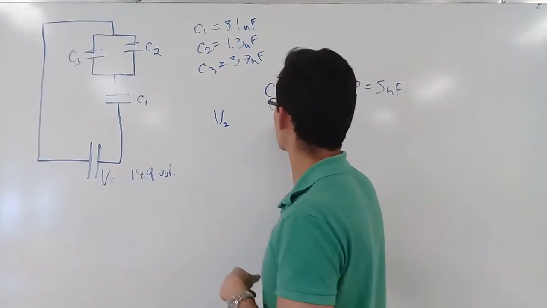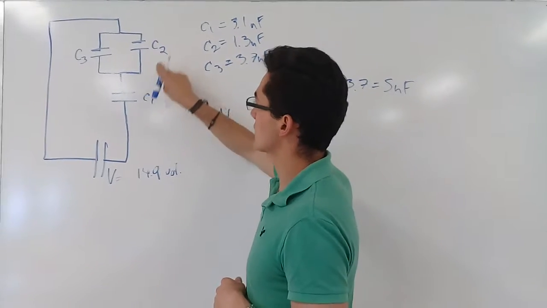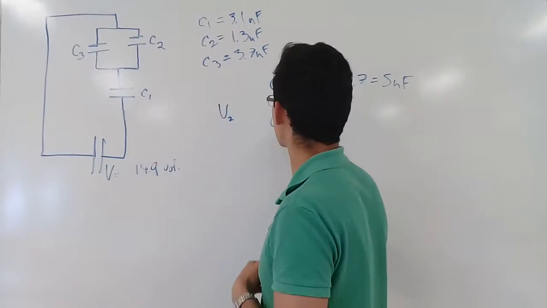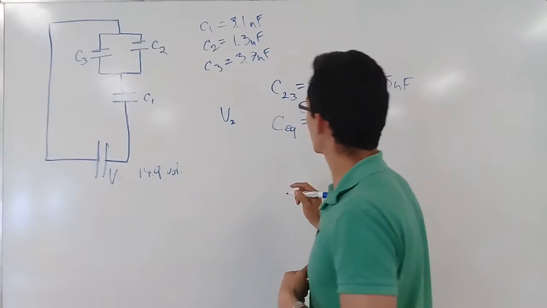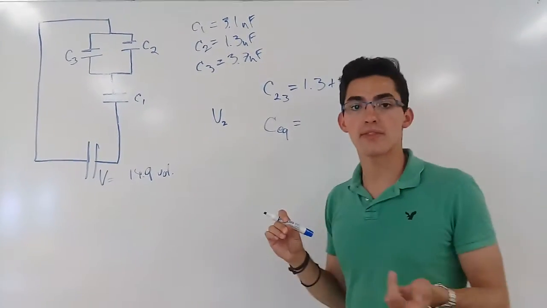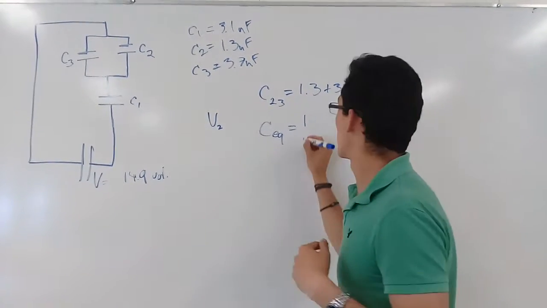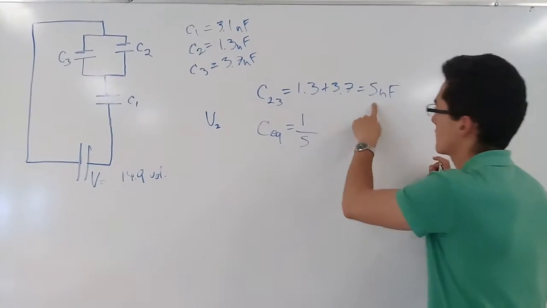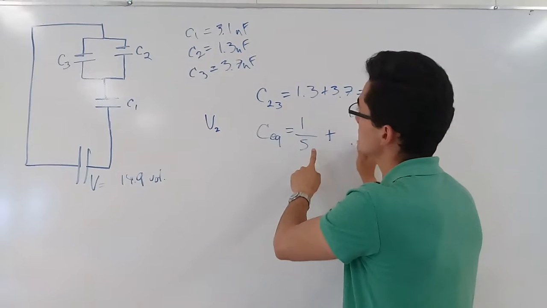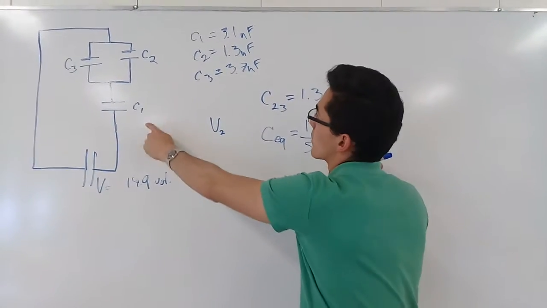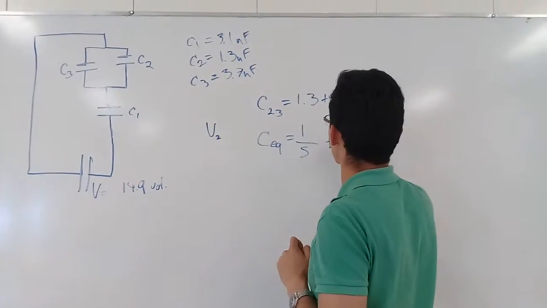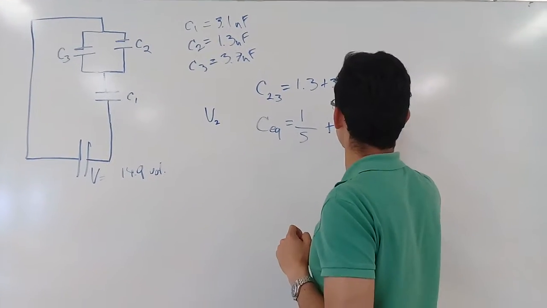And then for obtaining the equilibrium of these two capacitors, we have to sum the inverse. So we will sum these 5 but in the inverse plus the inverse of our first capacitor, that is 1 over 3.1.